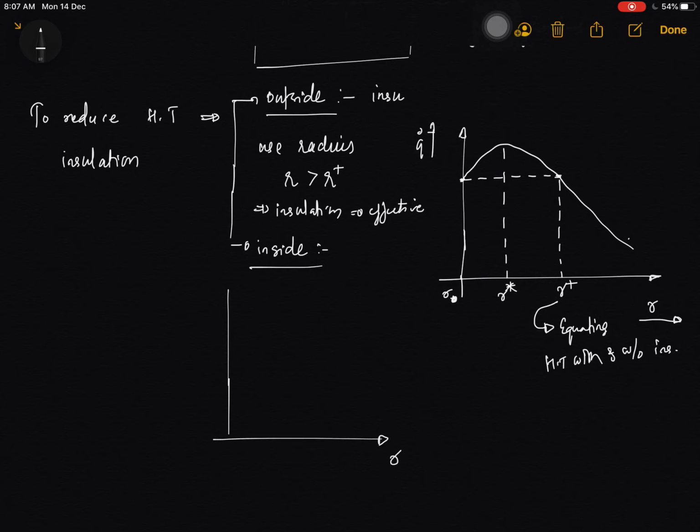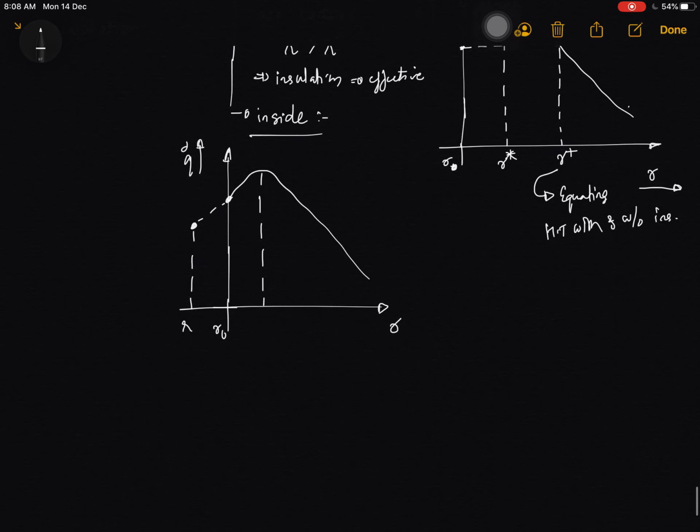If you are providing insulation on the inside of the pipe, we can draw a similar curve. This is radius R and this is the heat transfer, and this is the heat transfer curve, and this is the point of maximum heat transfer, and this is the radius of the pipe. We are providing some radius which is less than the radius of the pipe, and this will be the point for that particular radius, and this will always be less than the heat transfer without insulation.